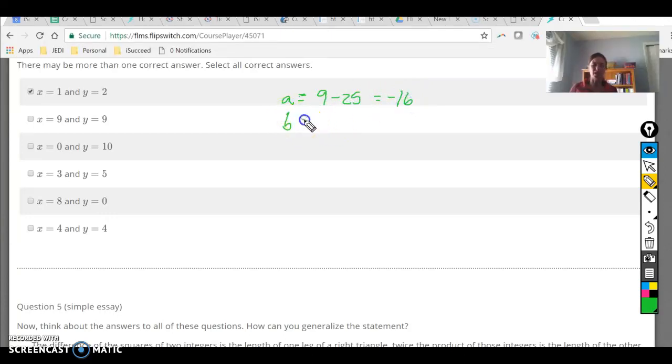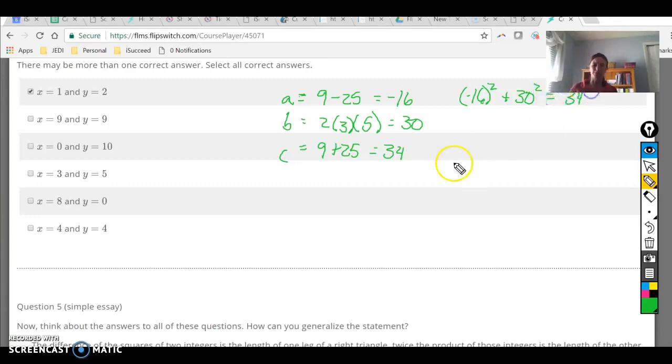B is 2xy, which is 2 times 3 times 5, which is 30. And C is 9 plus 25, which is 34.